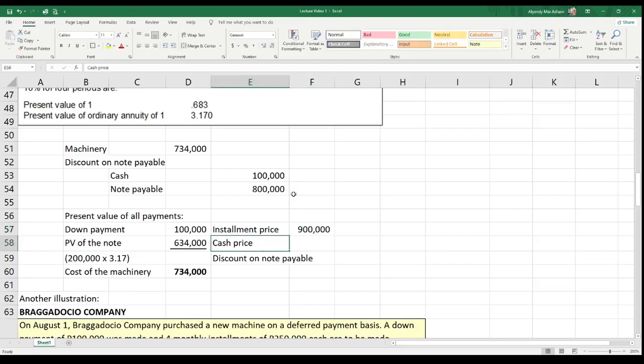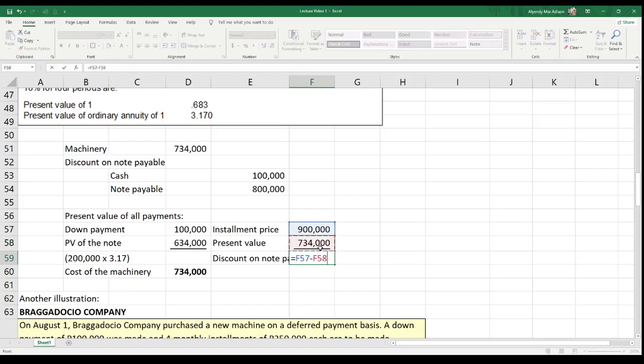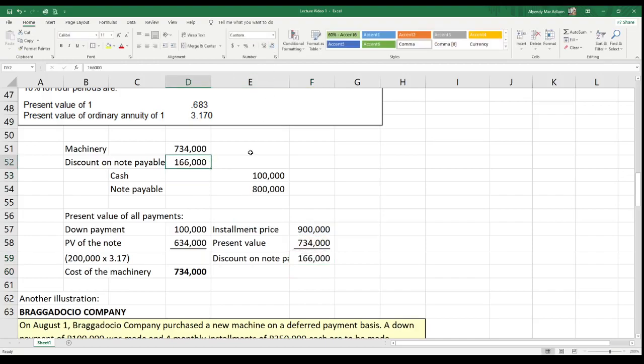Take note, there is no cash price, so we will use the present value, that is 734,000. So how much is the discount on note payable? 900 minus 734, so we have 166,000. Always make sure that the debit and credit are equal. So we have 734 plus 166, that is 900, and 100 plus 800, that is 900,000.